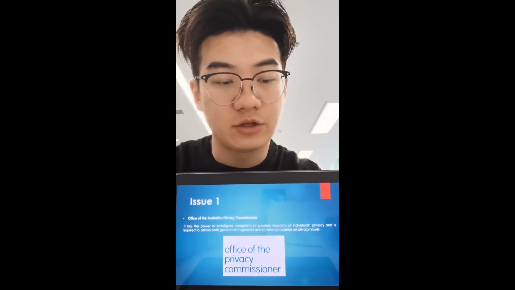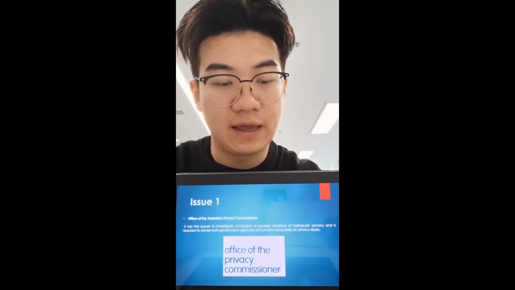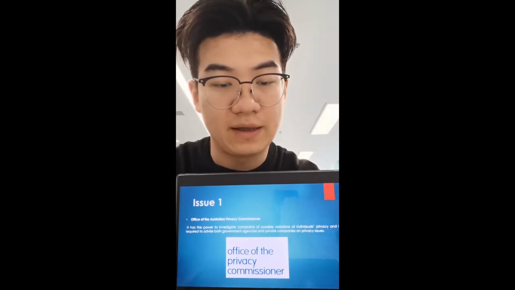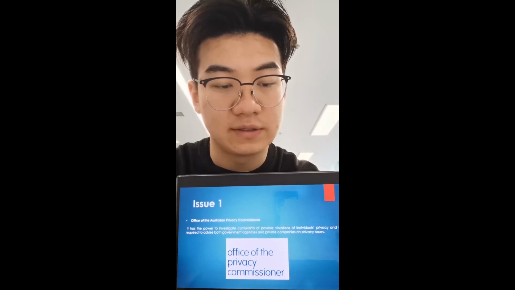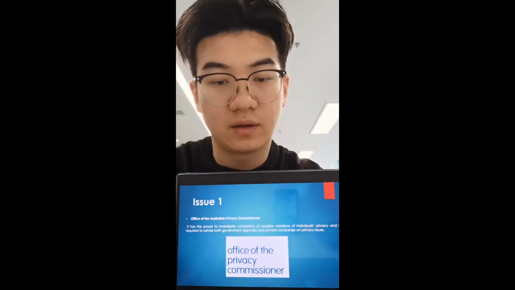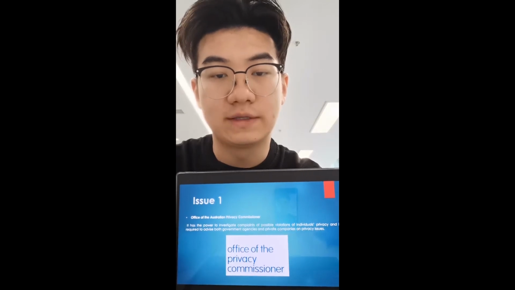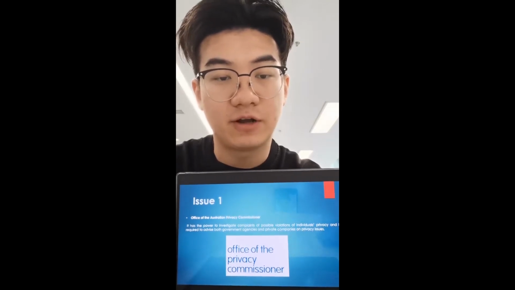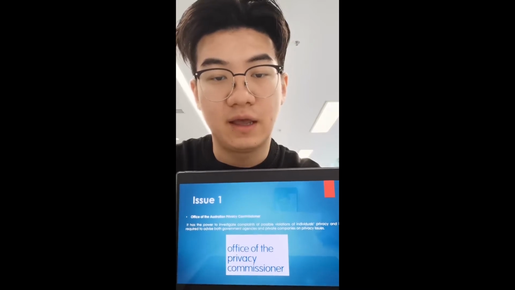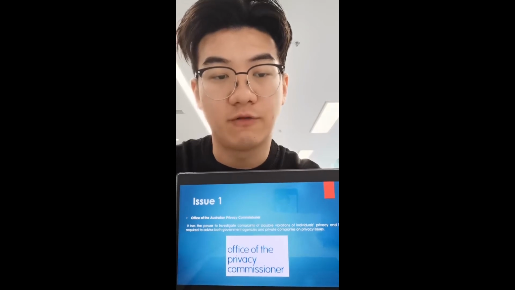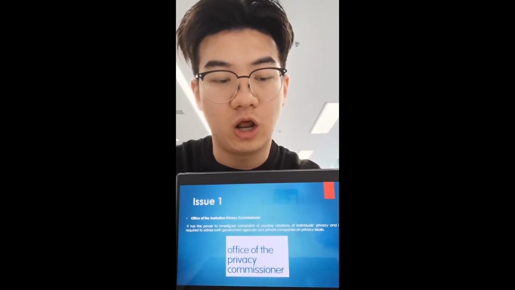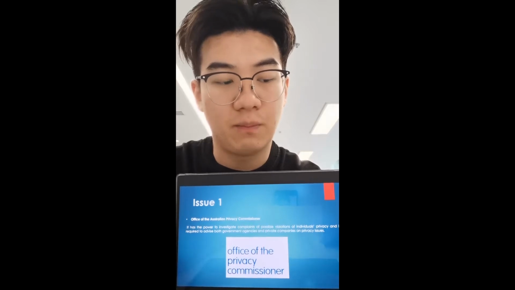Moreover, the office also has the power to oversee the personal data held by agencies, ensuring compliance with the provisions of the privacy law.